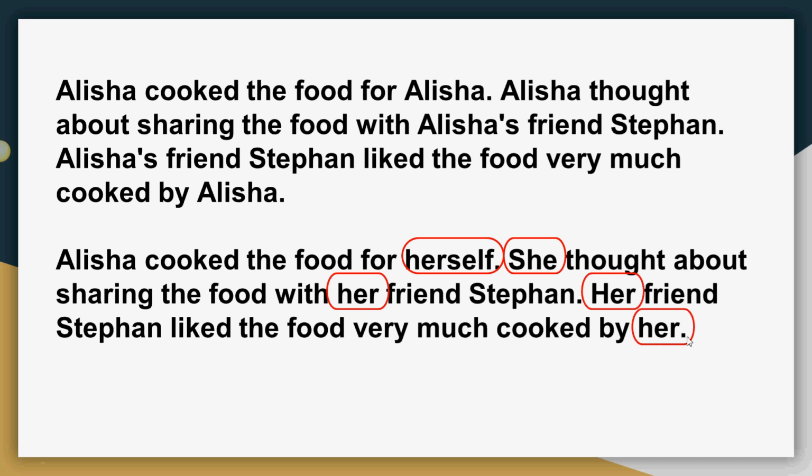All these words are acting as pronouns in this sentence, and these pronouns have replaced the nouns, right? So this sentence is more meaningful and looks better than the sentence written above. Now, do you understand the role of pronouns?